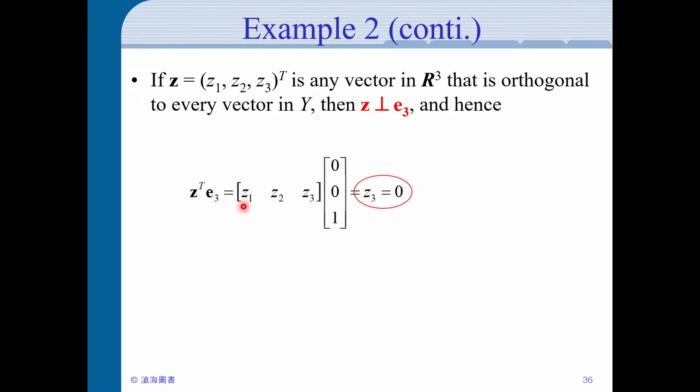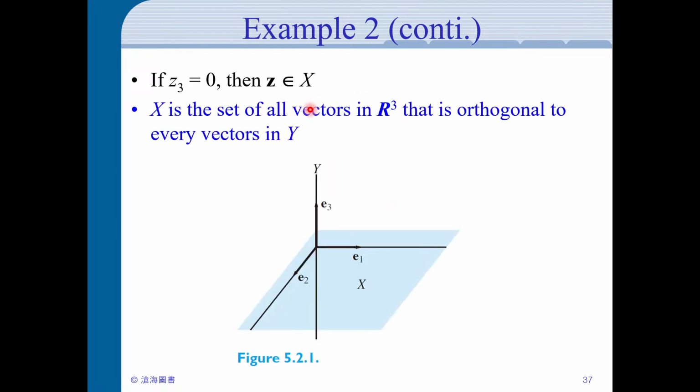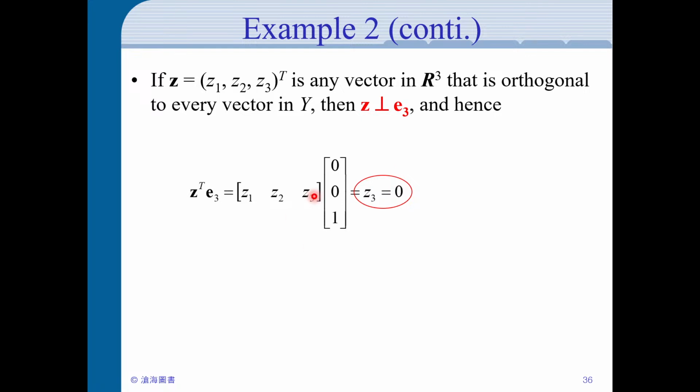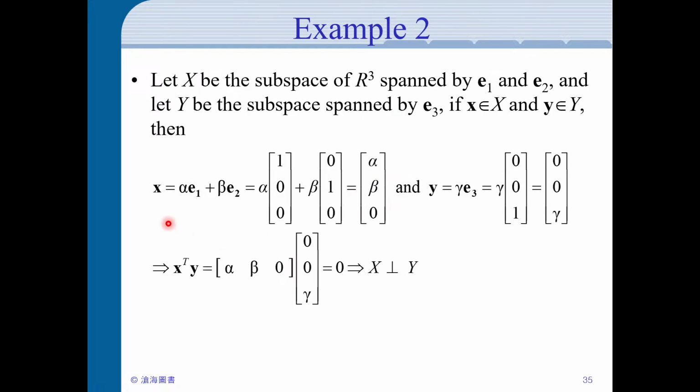Then you want z1, z2, z3. You check that the inner product of (z1, z2, z3) with (0, 0, 1) is 0, then you see that z3 equals 0. So this is a necessary condition for your z to be orthogonal to every vector of y. Then we see that with z3 equal to 0, it basically needs to be inside this X space.